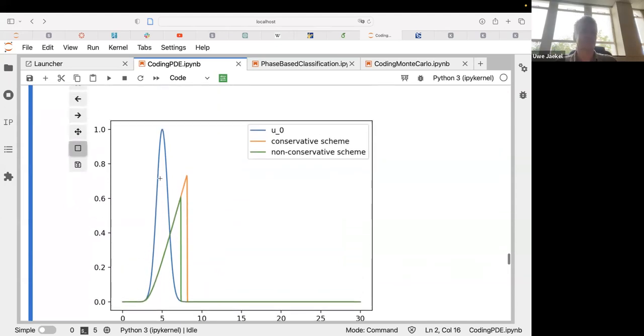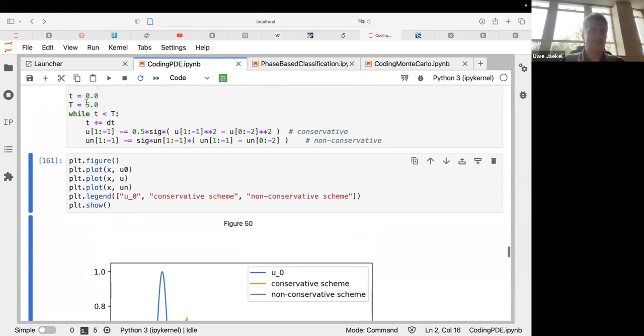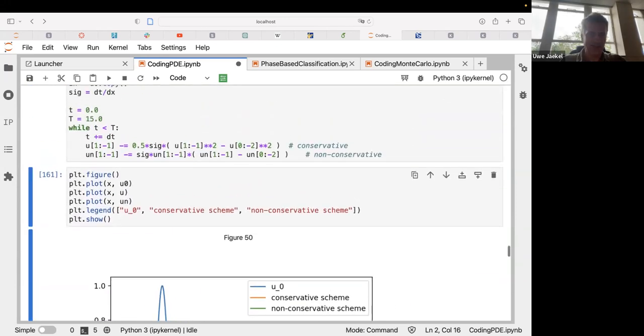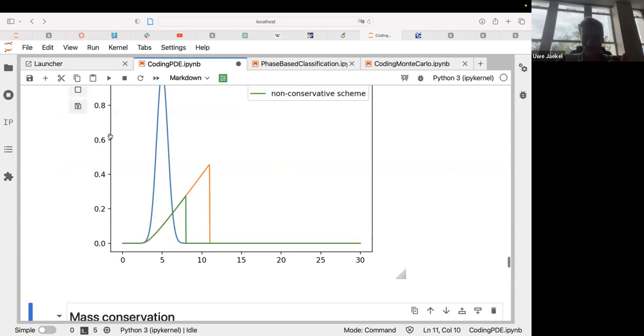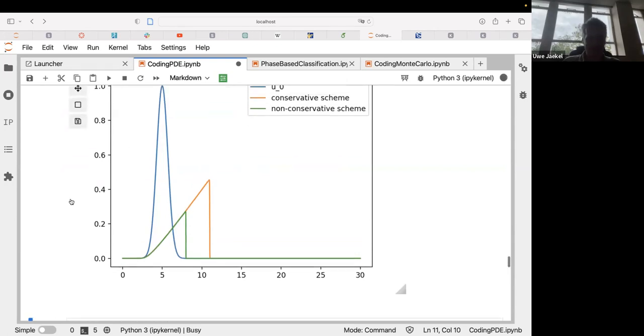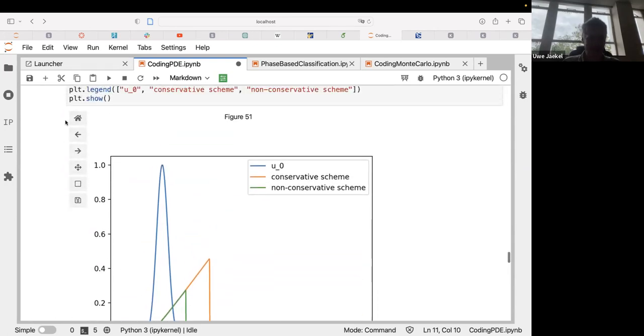Yeah, and this is getting more and more pronounced when we increase the time to 15, and we see now that there's something systematic.